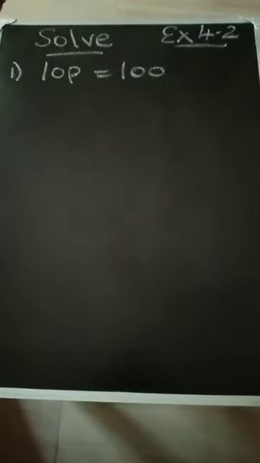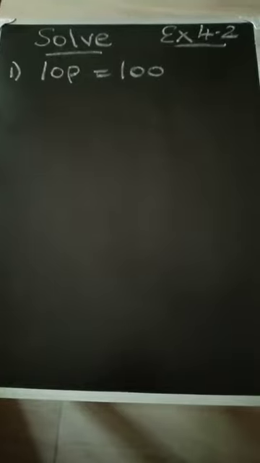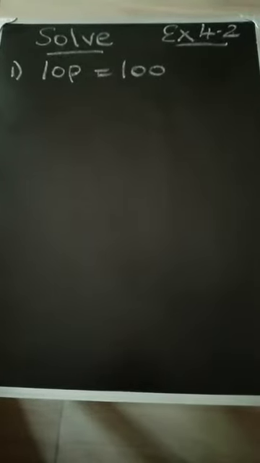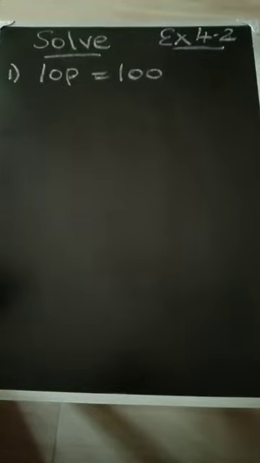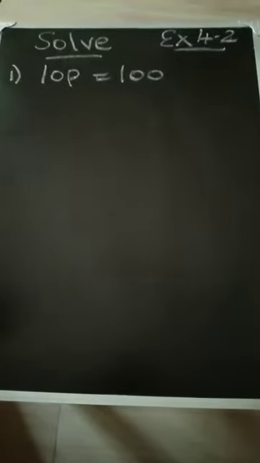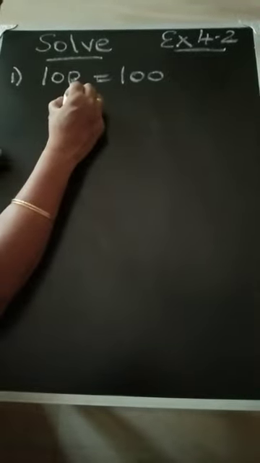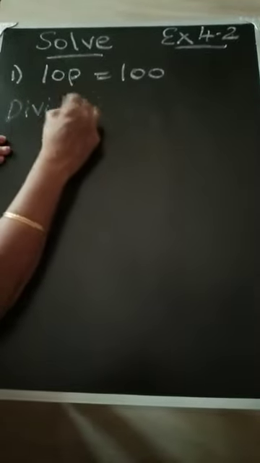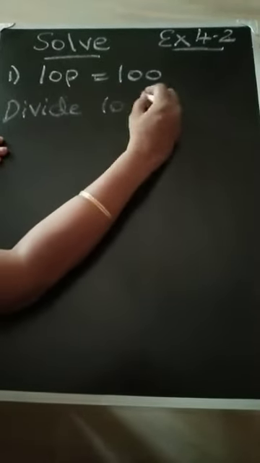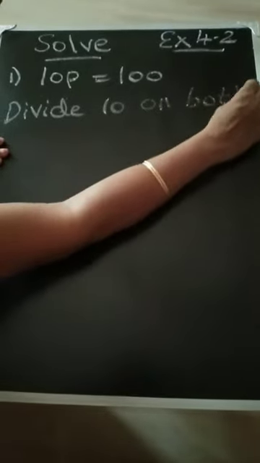Now I told you in the beginning itself, if you have a multiplication, so in order to cancel the values, you will divide it. Multiply, divide. Divide, multiply. For plus, minus. Minus, plus. So here you are multiply. So divide 10 on both sides.